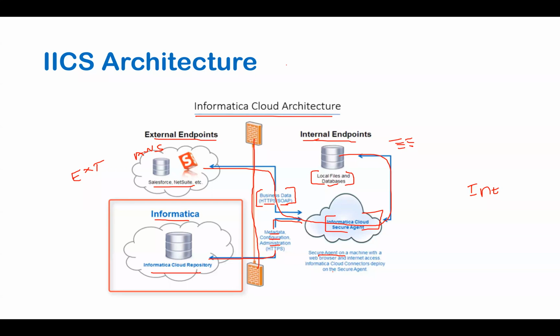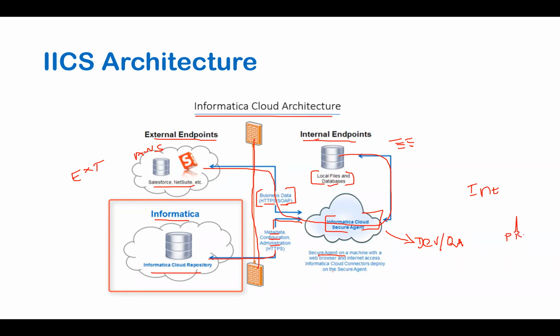Okay. So I hope you are clear. So how will this architecture be in real time? In a real time project, this will be installed on the on-premises server that you have to take. Mostly, if you take dev and QA, the dev and QA secured agents will be on the same server, and prod will be on a different server.